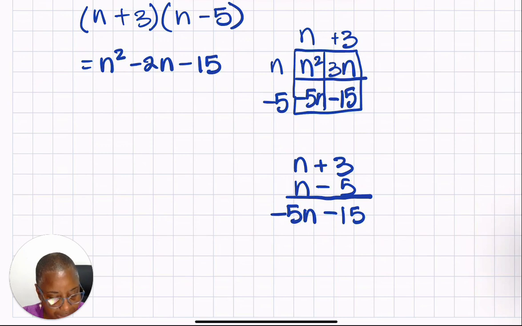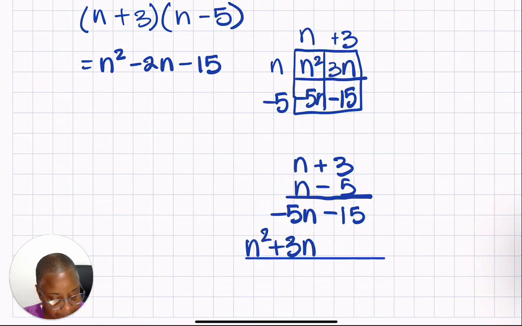And then when I'm doing the next one, n times each of these, I'm going to put them under the column with the like terms, all the terms under each other. So for example, this is going to be n times 3, which gives me 3n, positive 3n here. And n times n is going to be n squared.